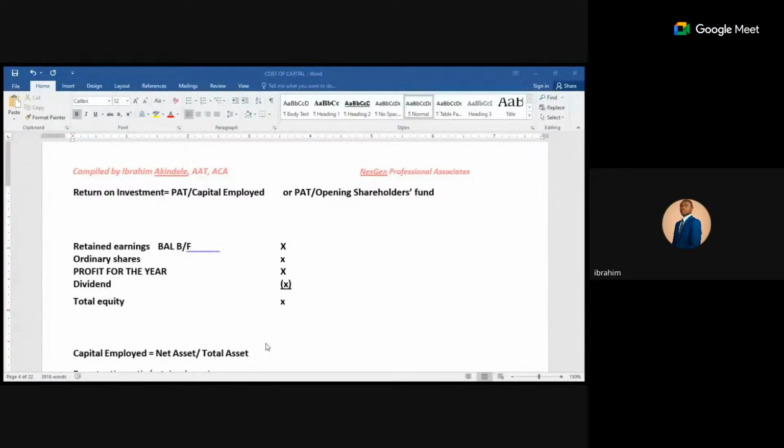So the opening shareholders fund is just for the previous year. You don't need anything that has to do with the current year retained earning. Therefore, what you will now do is remove the current year retained earnings. So it will be profits after tax minus the dividend.